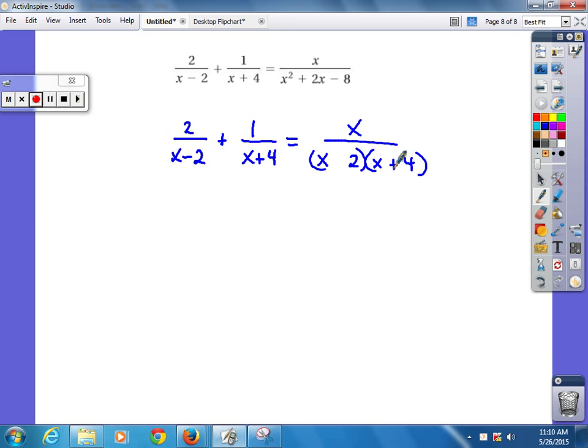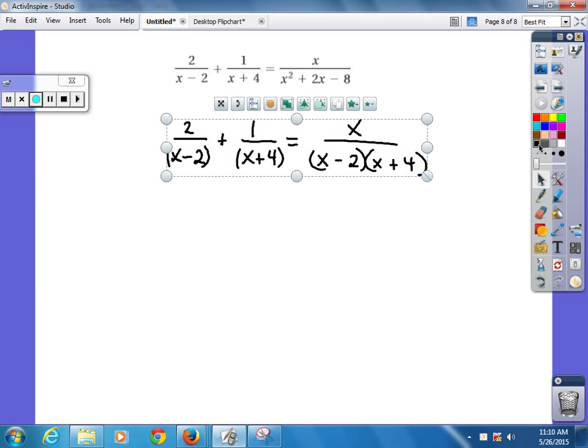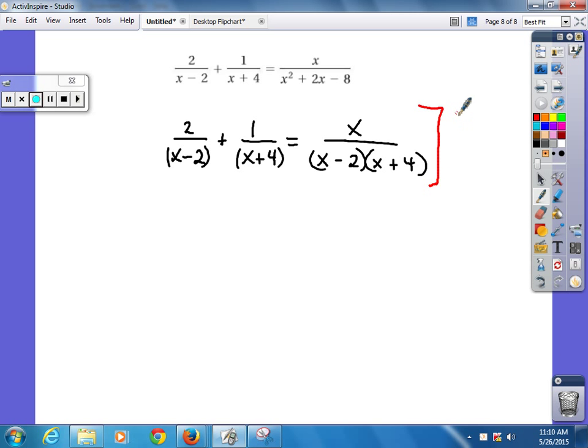Probably a positive 4 and negative 2. So the common denominator is x minus 2 times x plus 4. There you go. So you take your handy dandy red baby step marker and you multiply by x minus 2 times x plus 4 over 1.